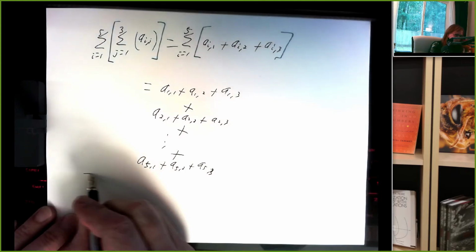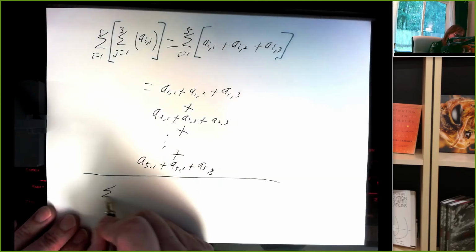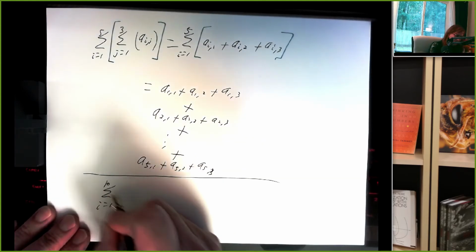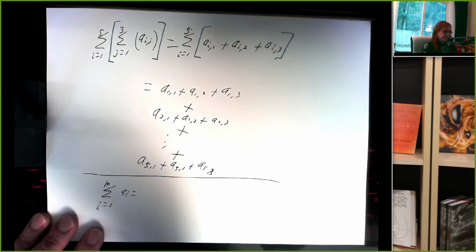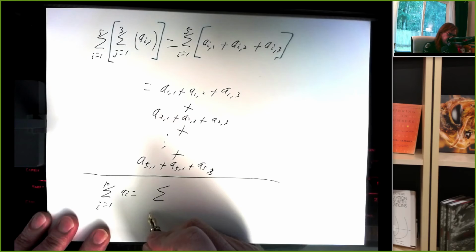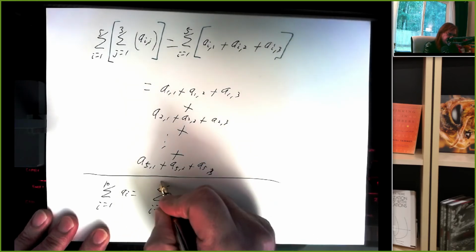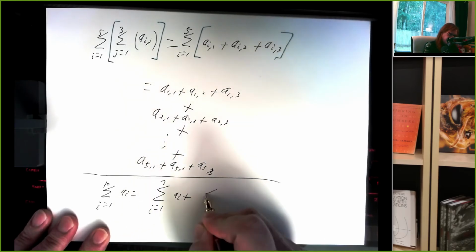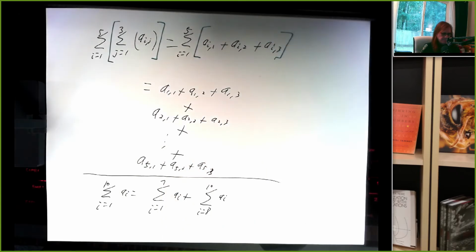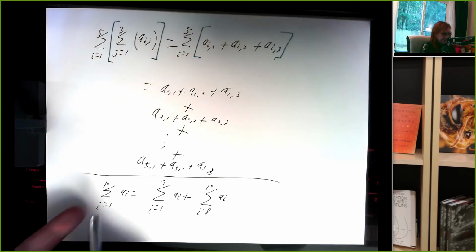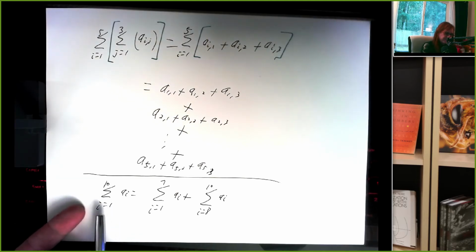All right, and then one more property to note is, for example, if I wanted to do a sum from 1 to 10, I could do a sum from 1 to 7, and then I could do a sum from 8 to 10. In other words, I can split this range up wherever I like.